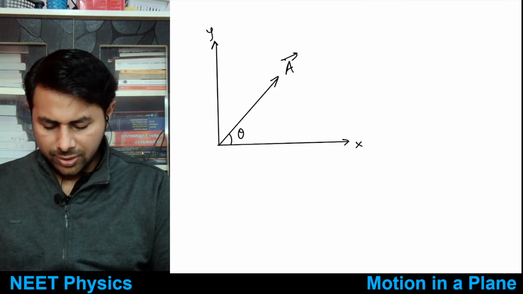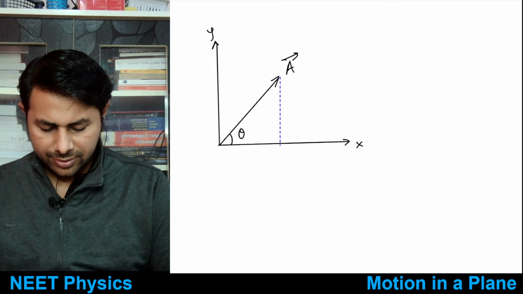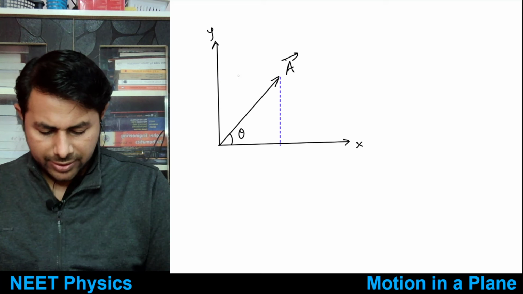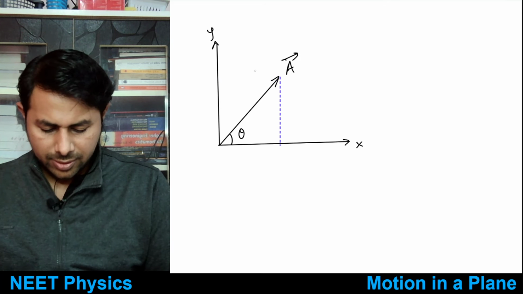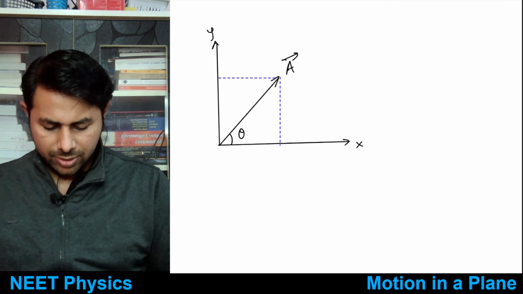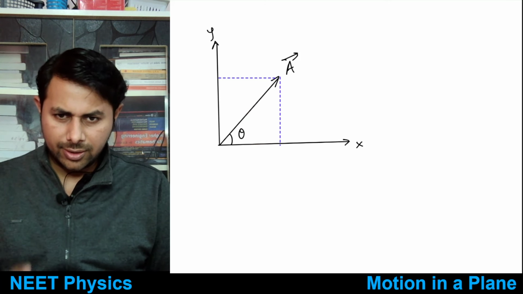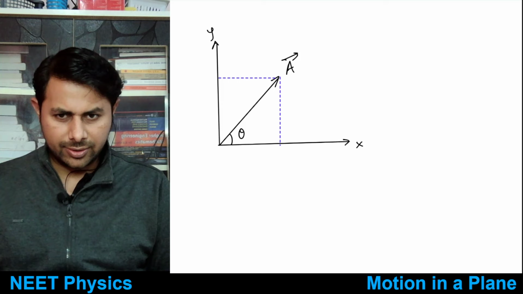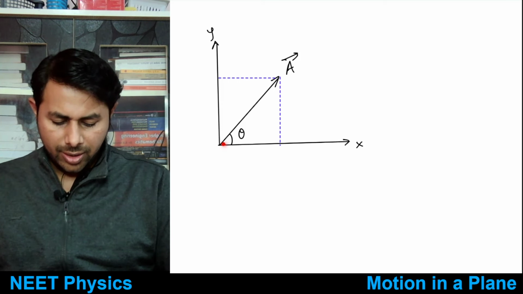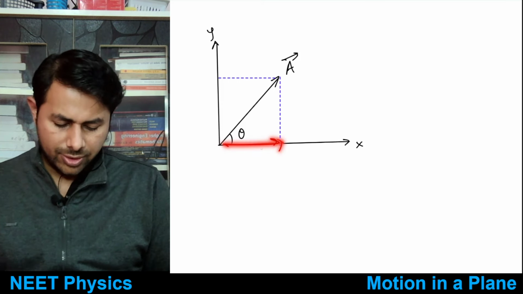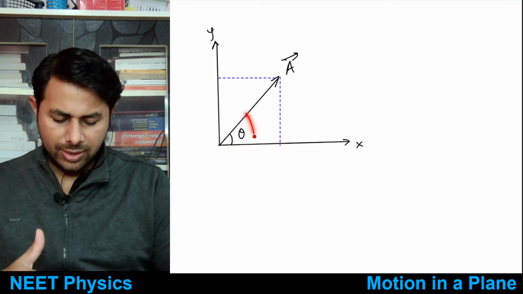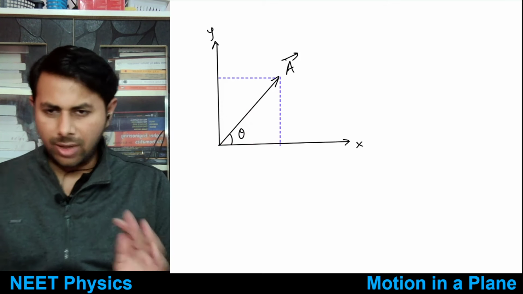You can resolve this a bar along two components. If you go to the component through the angle, then it is the cos component.